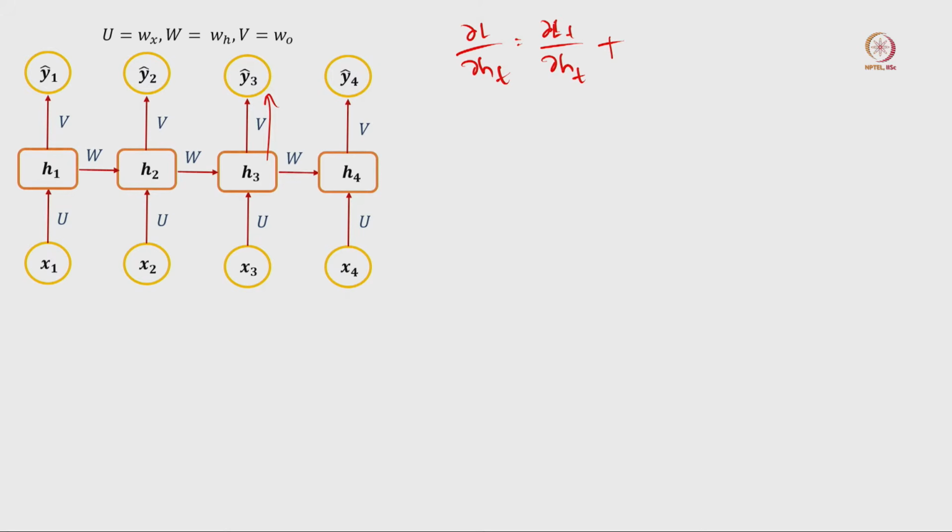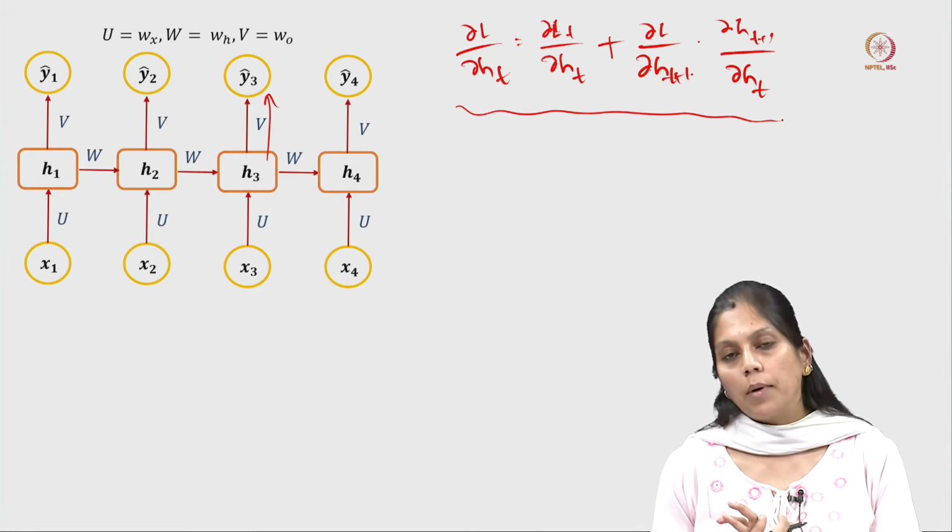How are we writing the right term? Just some time back we solved the derivative of loss with respect to h_(t+1), times the derivative of h_(t+1) with respect to h_t. Is it not we are writing it in this way? Correct. So, this is exactly the backpropagation through time formula.